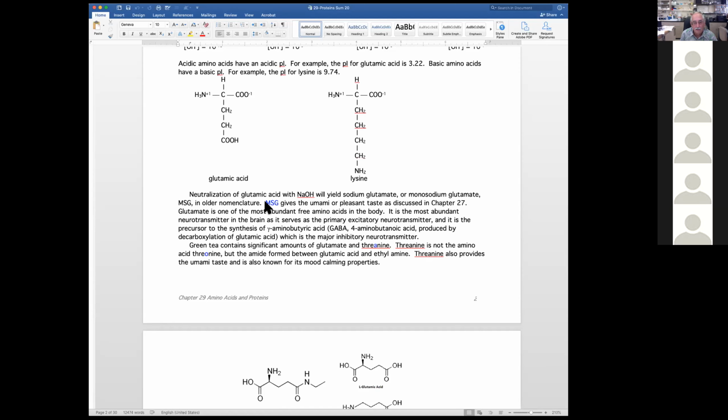That means you need it for something. What do you need it for? It's the most abundant neurotransmitter in the brain because it's the primary excitatory neurotransmitter. It's also the precursor to gamma aminobutyric acid, or GABA, which is the major inhibitory neurotransmitter.